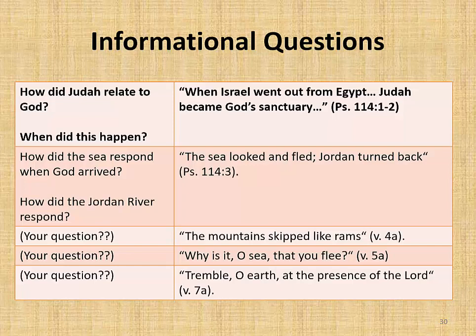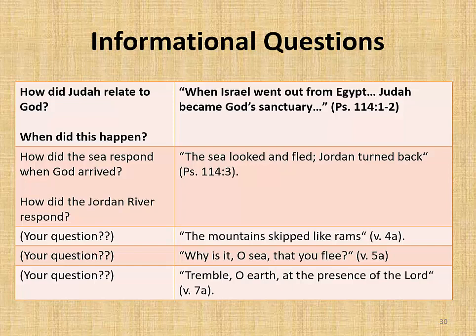An informational question. Verse 3, the sea looked and fled, Jordan turned back. Informational questions that can be posed of this. How did the sea respond when God showed up? How did the Jordan River respond? Well, as for the sea, it looked and fled. As for the Jordan River, it flowed in the wrong direction.